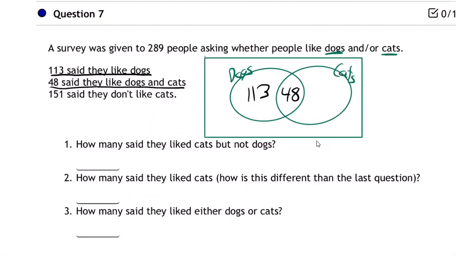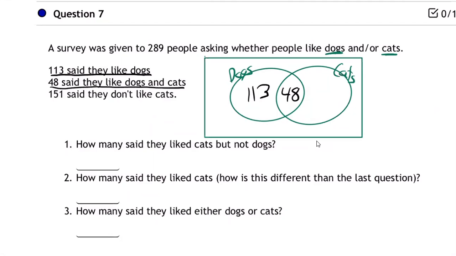I'm making the common mistake that I've seen many, many times over the years. So far, something is wrong. One of those numbers is wrong. The 113? Yeah, why is that wrong, Destiny? Because 113 people like dogs, but then you can like a dog and a cat.